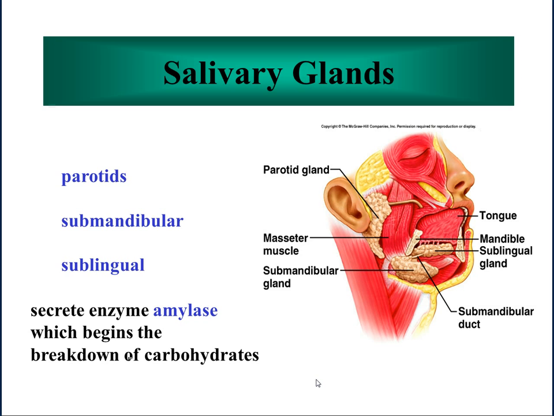And then you have disaccharides: maltose, sucrose, and lactose in milk. Sucrose, table sugar, you'd find in candy bars and such. And then those would be broken down into monosaccharides such as glucose and fructose, and we can use glucose and fructose in our metabolic processes.